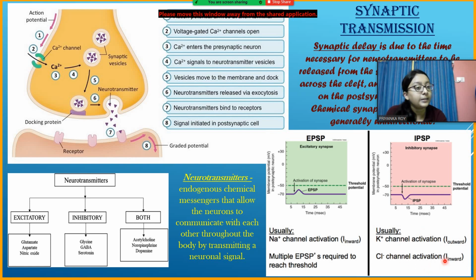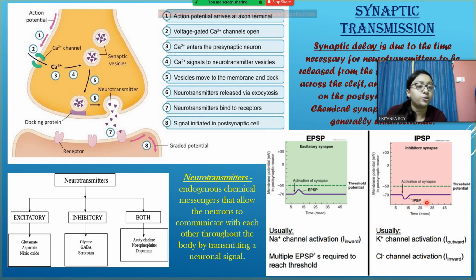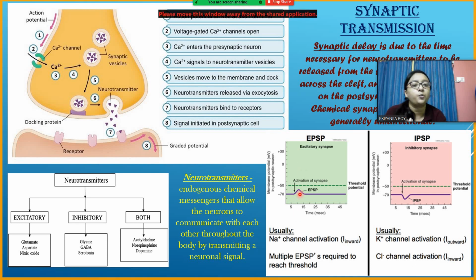Overall there will be a negative charge accumulation inside the cell that will further decrease the membrane potential from -70 to even lower, and therefore this potential is known as an inhibitory postsynaptic potential. So action potential generation is inhibited here, and here it is facilitated. If there are multiple EPSPs, then the action potential spike will happen, but here that potential is inhibited.